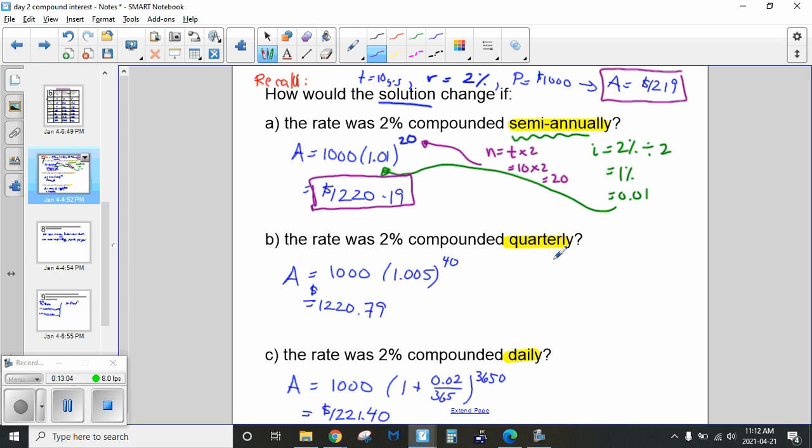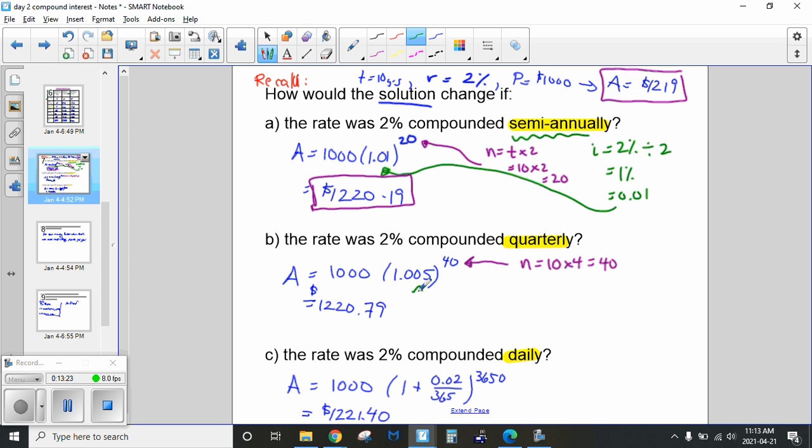If we change that to compounding quarterly, the number of compounding periods will be the 10 years times 4 quarters in a year. So we're going to get interest 40 different times.